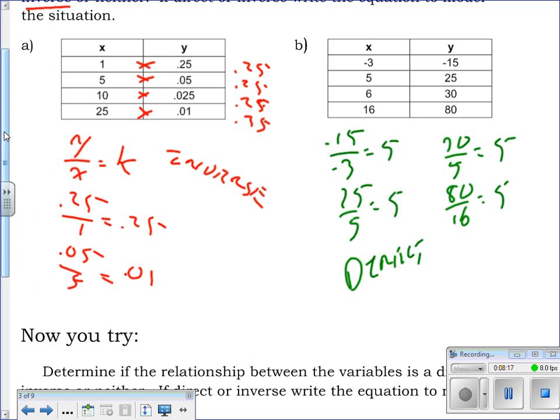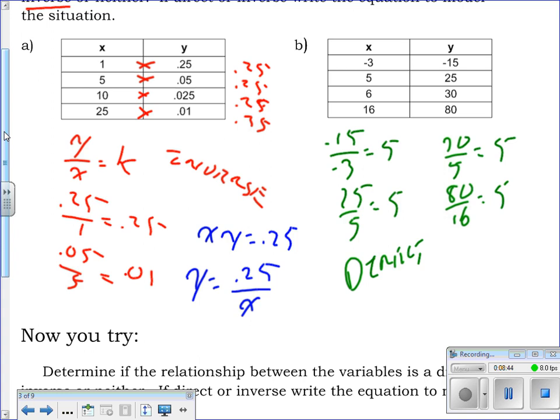If it's inverse, that means I multiply x times y: x times y equals 0.25. What did I get when I multiplied x and y? 0.25. Or I can do y equals 0.25 divided by x. Because how would I solve for y? I would divide both sides by x, right?